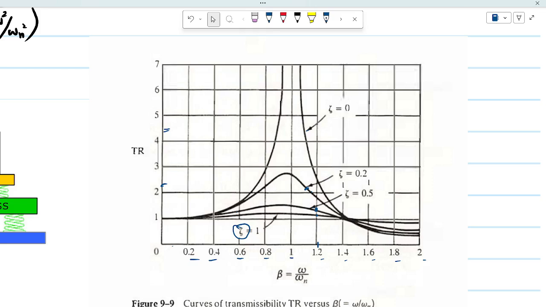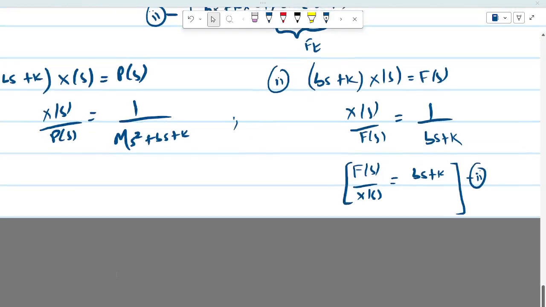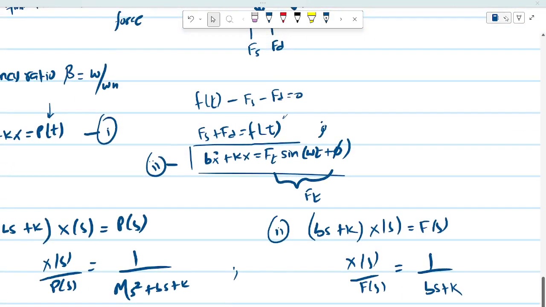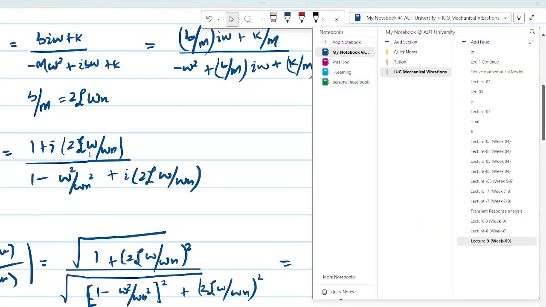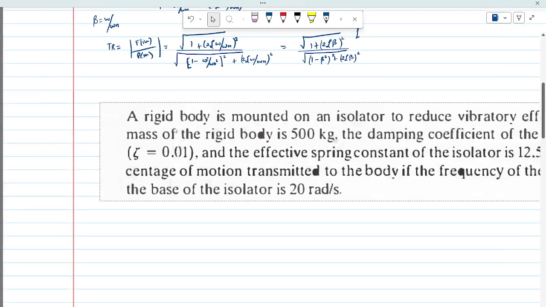Let's try an example. Now assume we have a system with certain mass and stiffness. Let me copy it here.